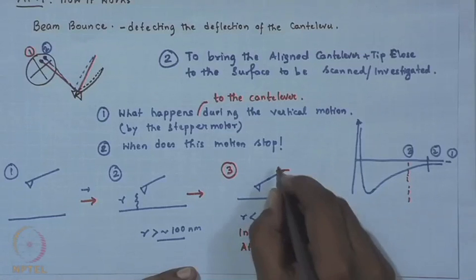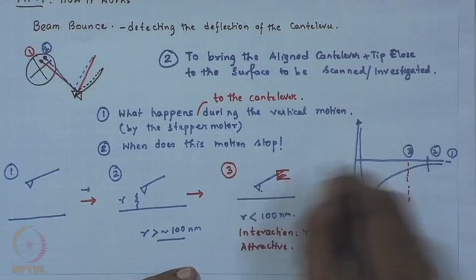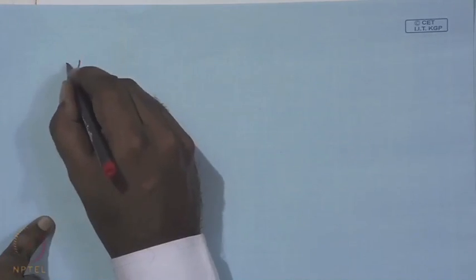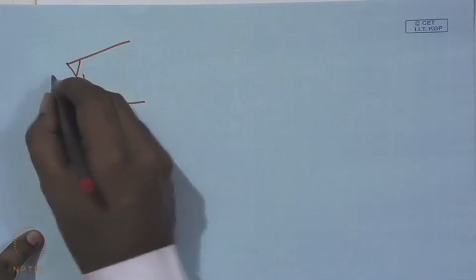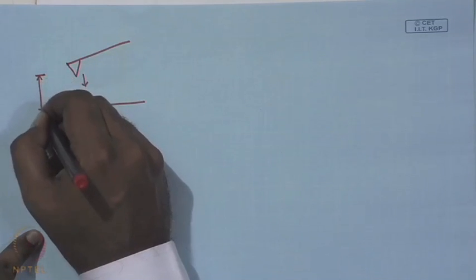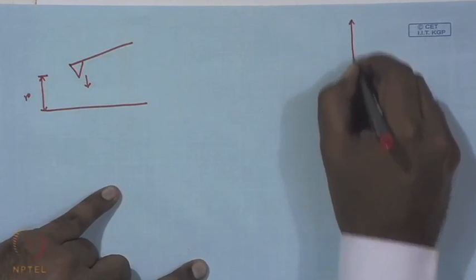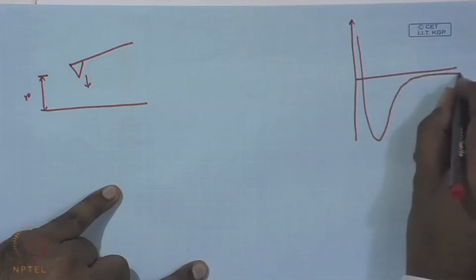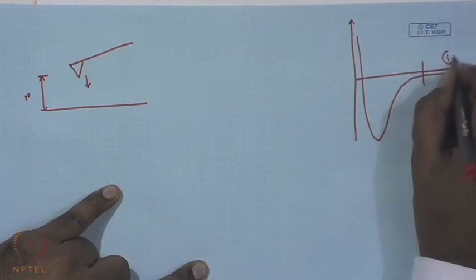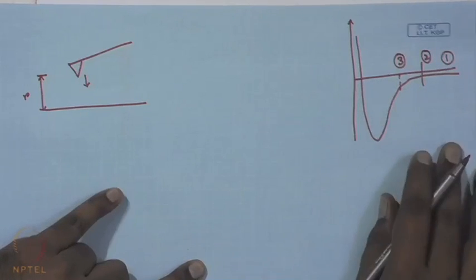What is the likely consequence? Since this is hinged on one side, I will draw a blown up picture. So, now this feels an attraction. This R, first thing to realize, is somewhere over here, let us say.